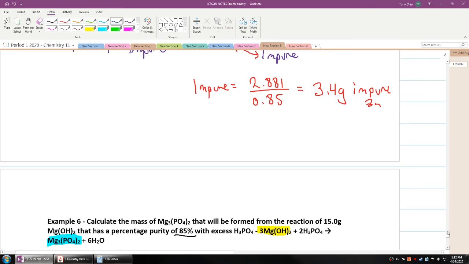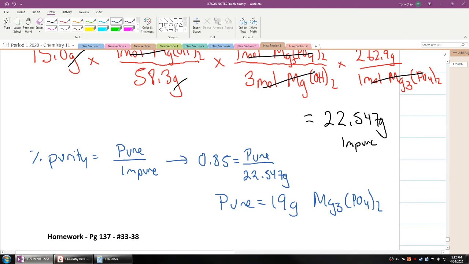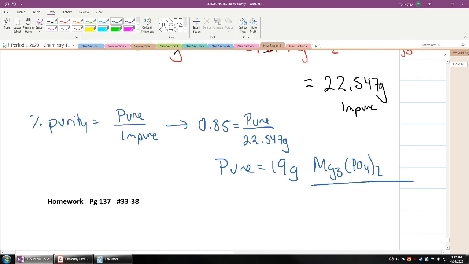In this case, with 2 sig figs, it will be 19 grams of pure magnesium phosphate. So that is the purity of the magnesium phosphate. Of the 22.547 grams of it, only 19 of it is magnesium phosphate. The other 3.5 grams is something impure.